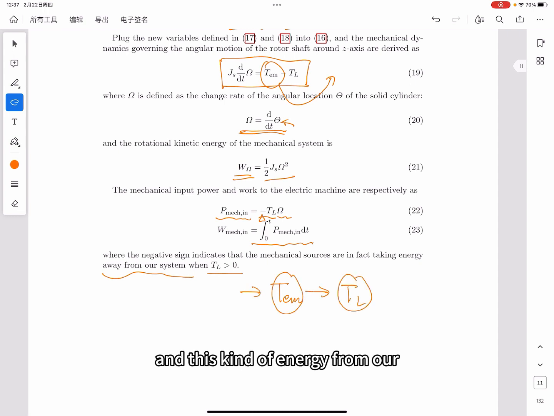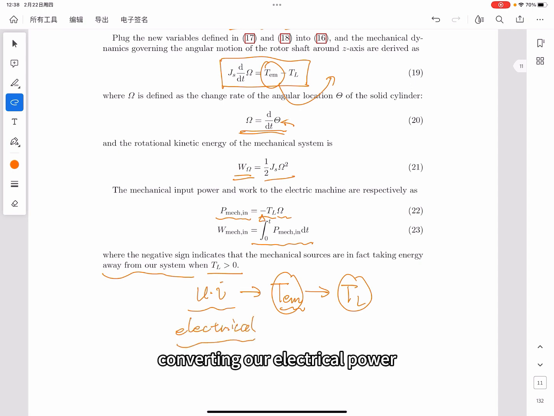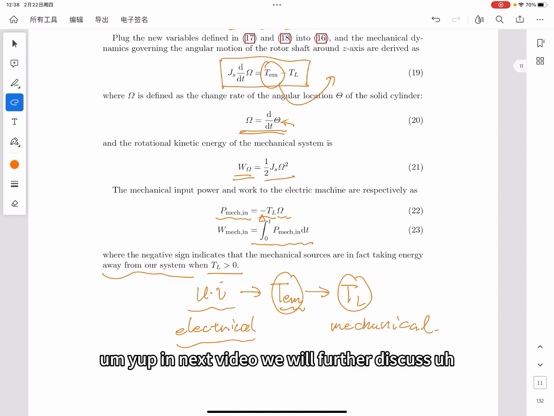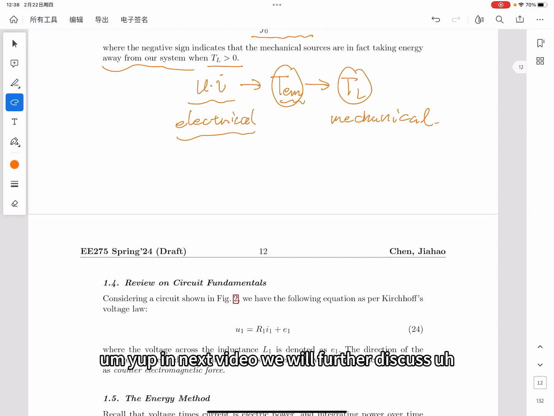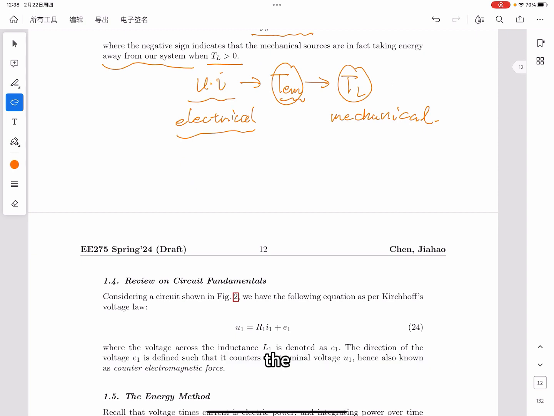And this kind of energy is from our voltage times current, which suggests that our electrical machine is really converting electrical power into mechanical power. In the next video, we will further discuss the electrical dynamics part of our model.